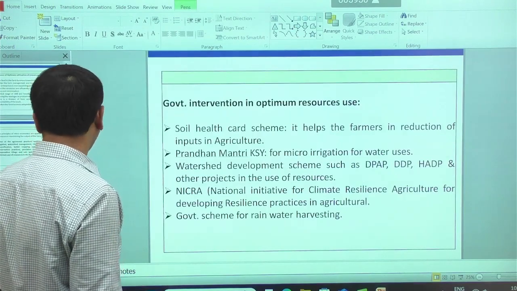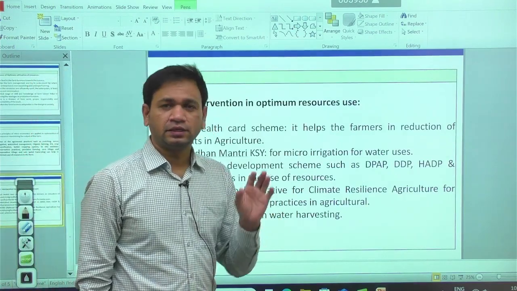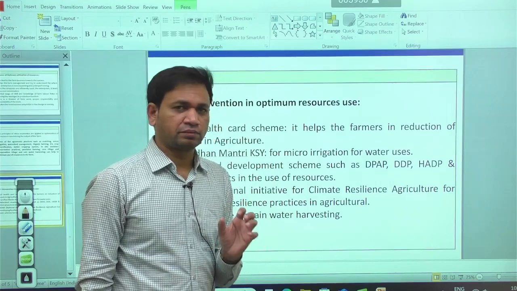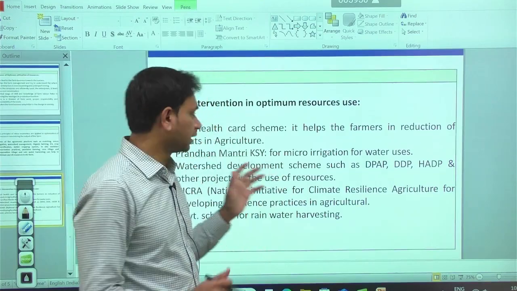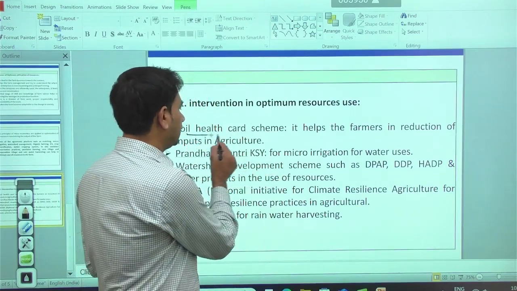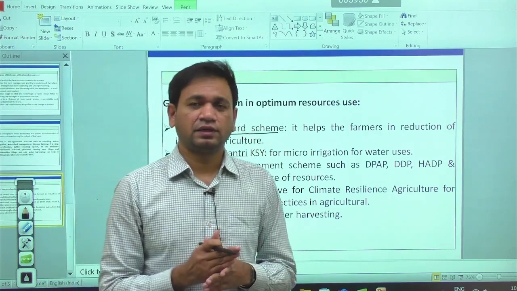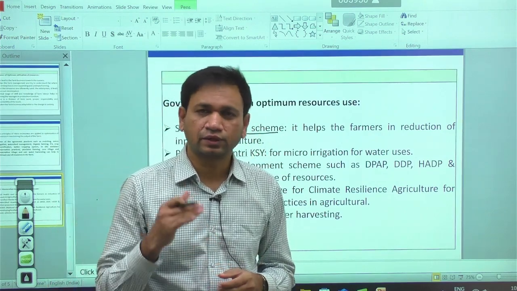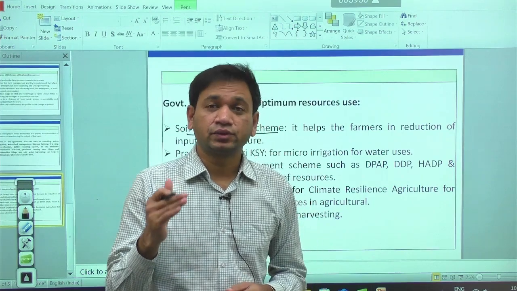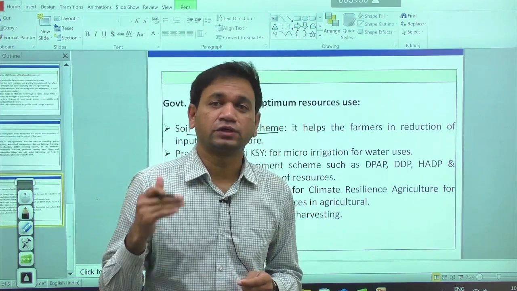So in order to support the optimization policy in the use of resources in farm management, from the government side we again have some roles. We have the soil health card scheme. In this we give the soil health card report to the farmers. According to the report, the farmer will get to know what to apply, when to apply, and how much to apply.